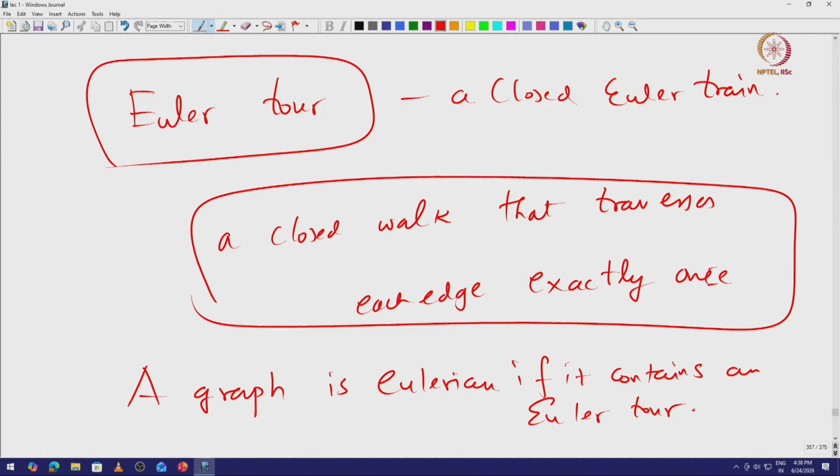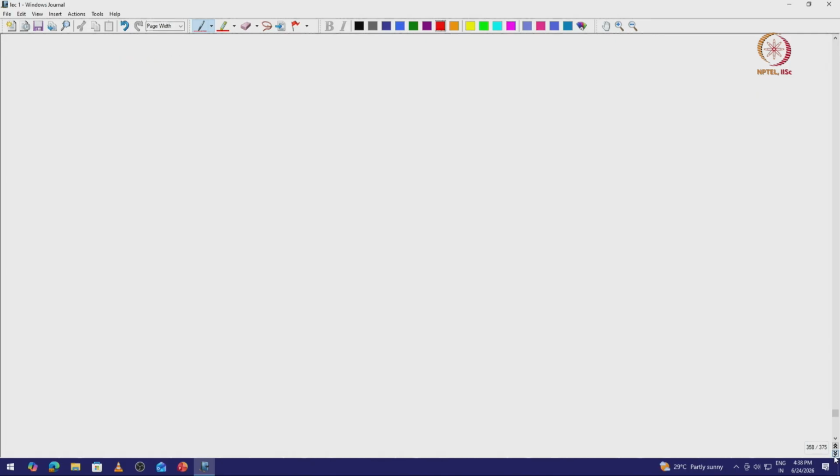Now, what we are interested in is characterizing when a given graph is indeed Eulerian. So, let me state this result.